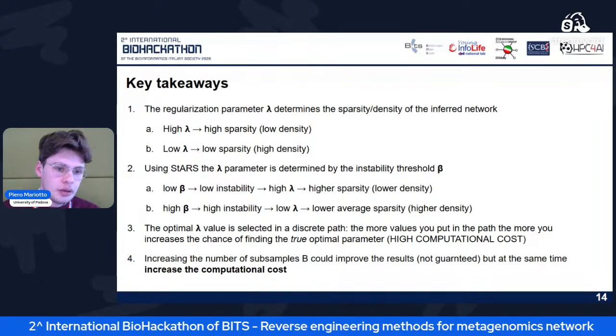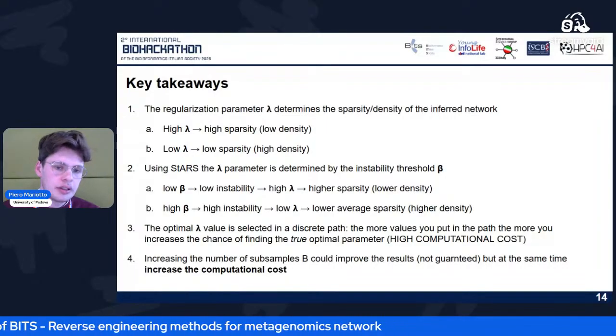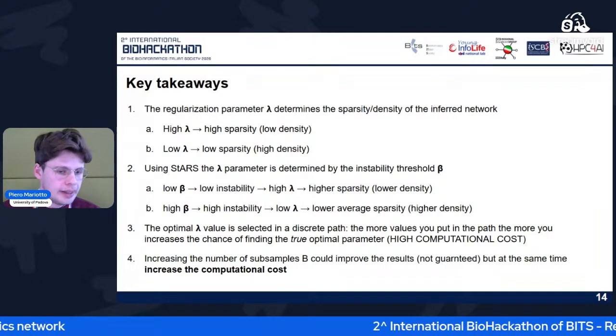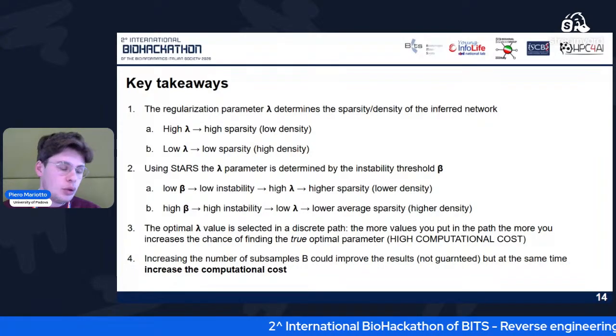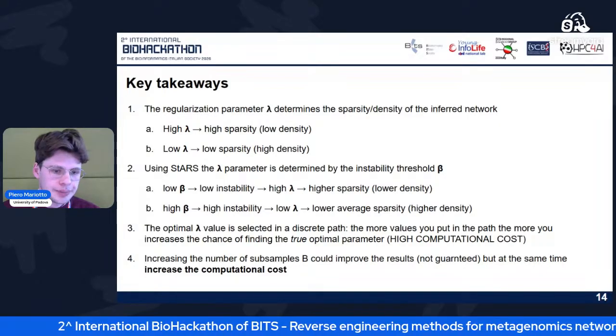So you will end up with a more sparse inferred network. While if the value of lambda is lower, so the penalty is lower, you will end up with a higher density network, so a lower sparsity network.